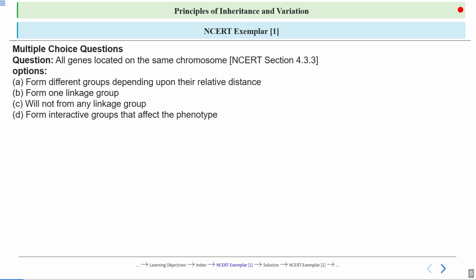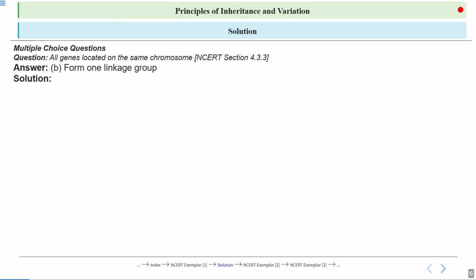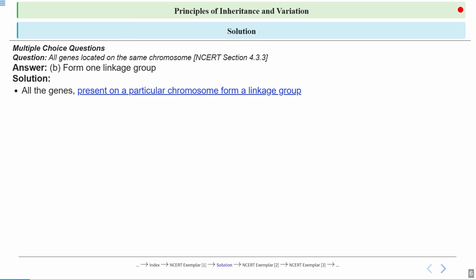So let's have a look at the answer for this question. They will form one linkage group. Now let's have a look at the explanation. All the genes present on a particular chromosome form one linkage group. Remember this.